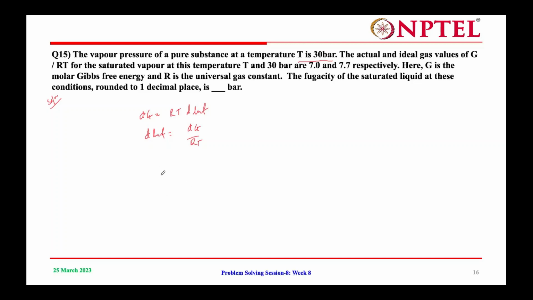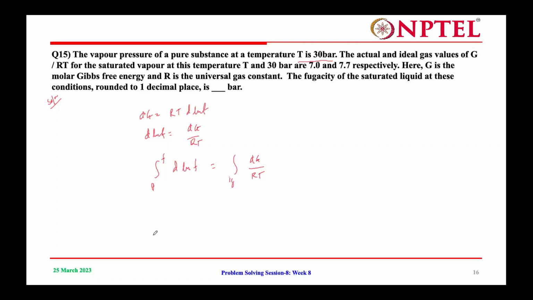Now integrate this from pressure P to f. Now please recheck.